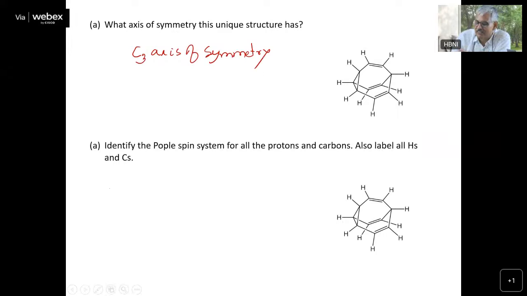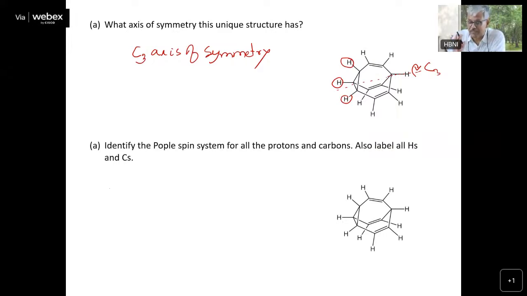What is that C3 axis? It is passing through this. So this is your C3 axis. Because there is a C3 axis, this hydrogen and this hydrogen are chemically equivalent.